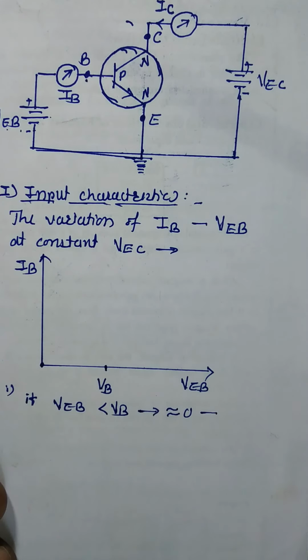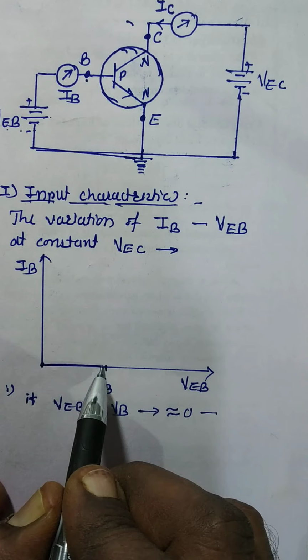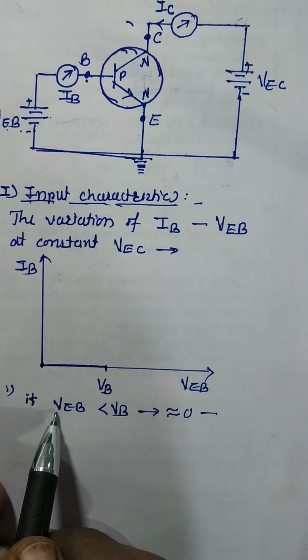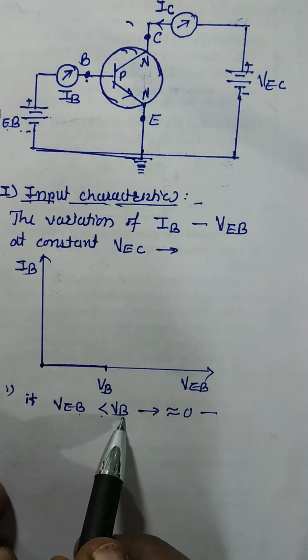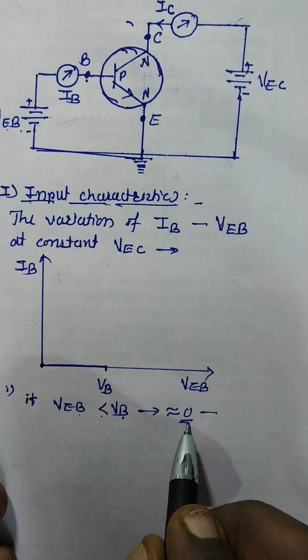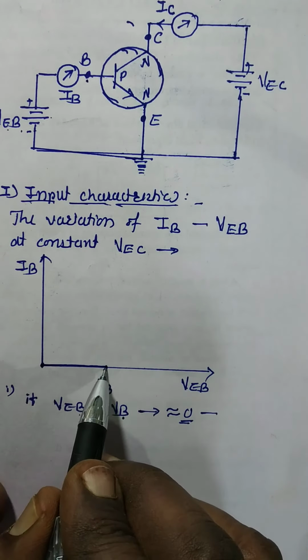Means IB is very, very small and nearly equal to zero, and therefore the graph is like this.